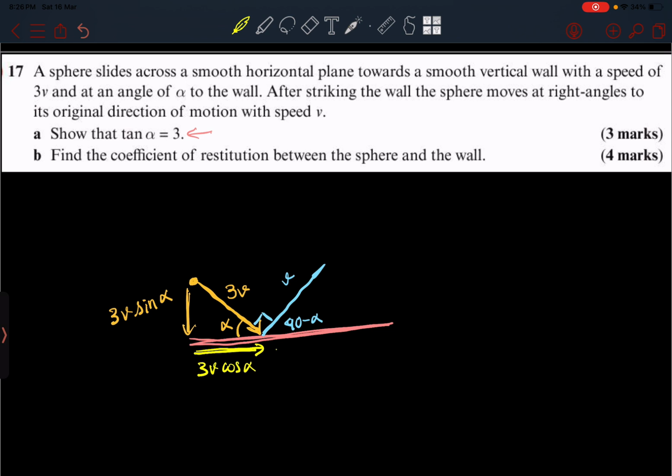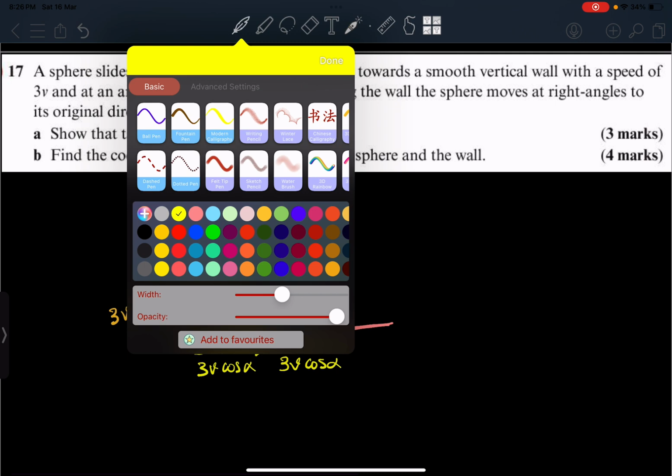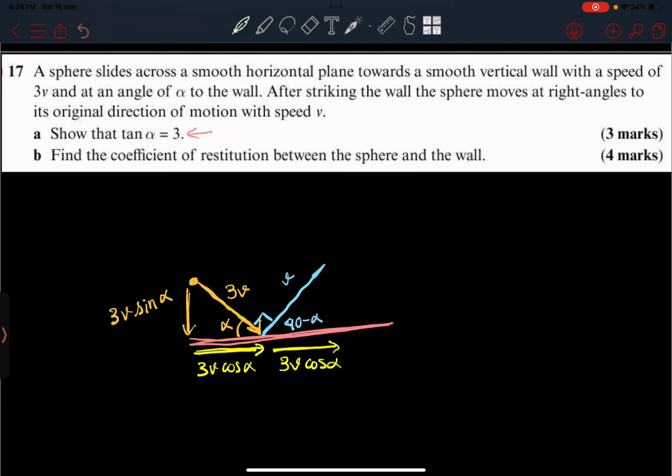Because the parallel component is the same, it is 3v cosine alpha, but I also know that this is v and the angle here is 90 minus alpha. So using those two pieces of information, I can say the same parallel component can also be v times cosine of 90 minus alpha.